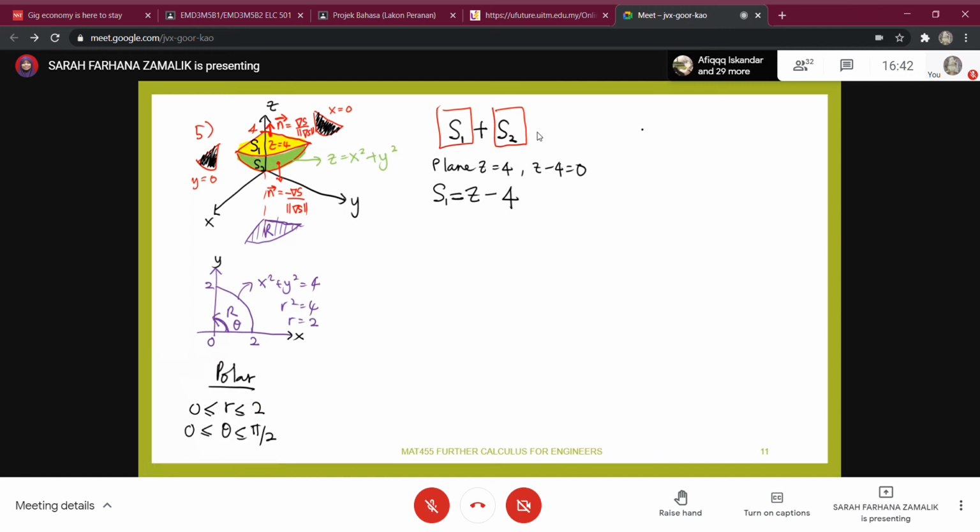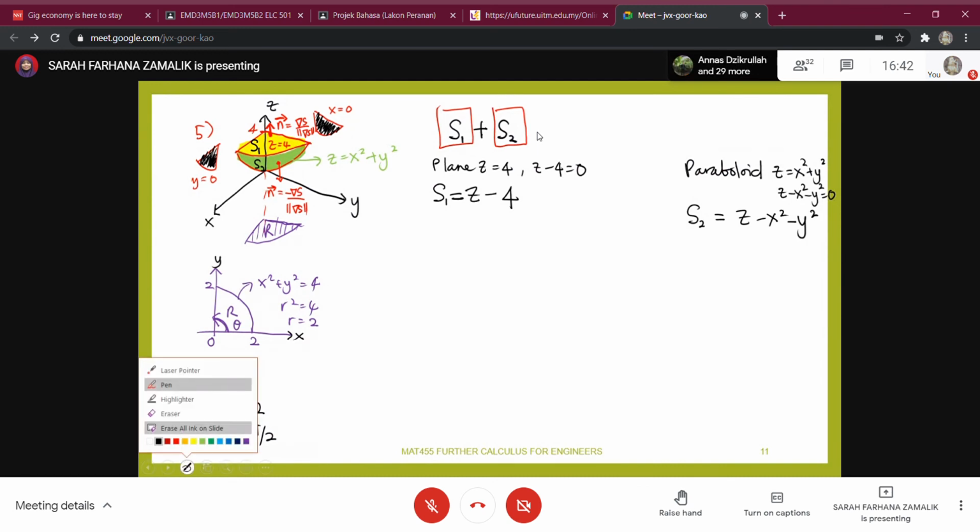So itu untuk S1, satu lagi S2, which is your surface Z equals to X square plus Y square. So Z minus X square minus Y square equals to 0. Biar dia jadi 0 dulu. So that now you can have your surface 2 equation which is Z minus X square minus Y square.